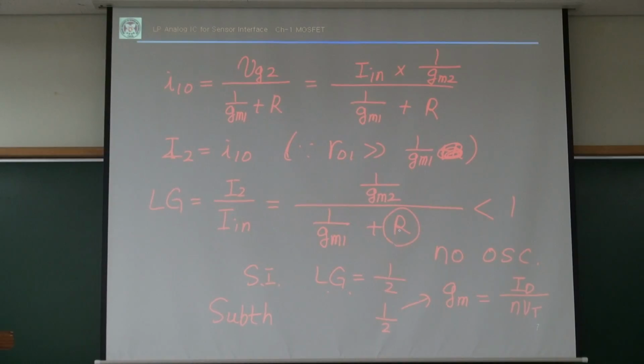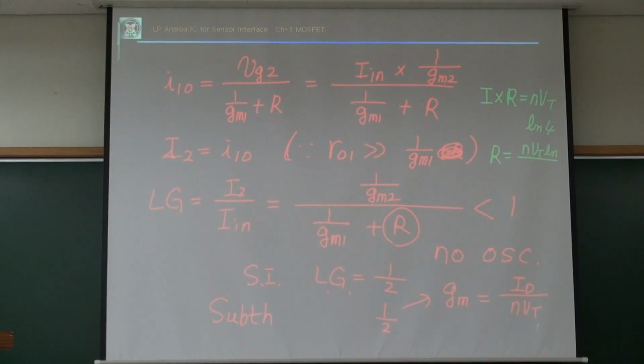How about this R? Let me check. The IR drop equals nVT log 4, right? That's my IR drop. And then what's R? R equals nVT log 4 divided by I. What's the GM?